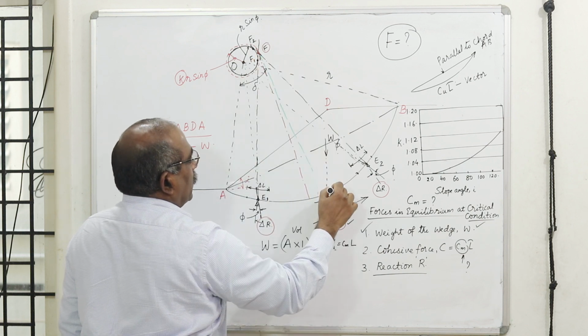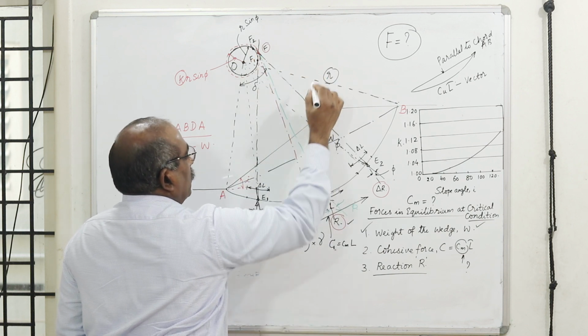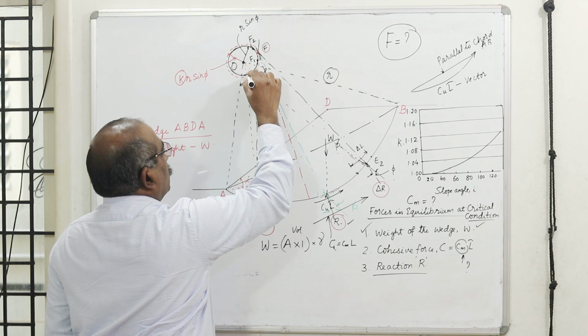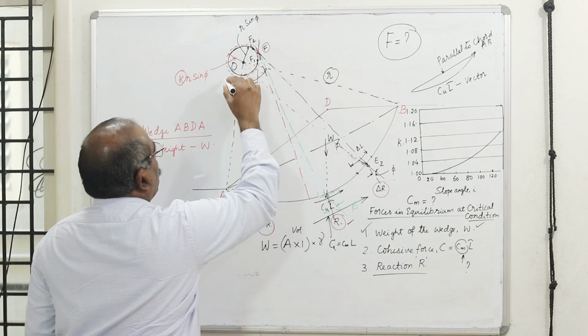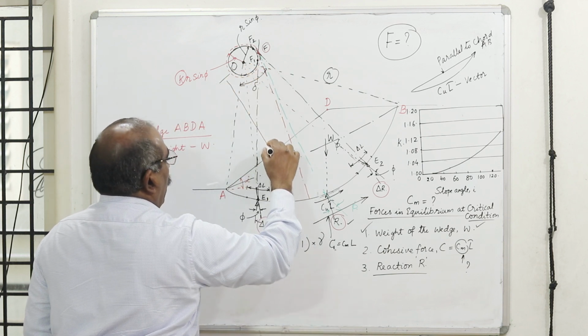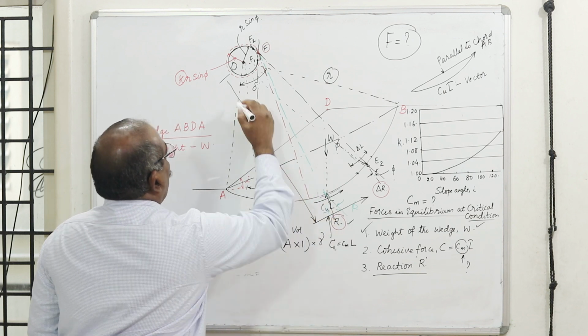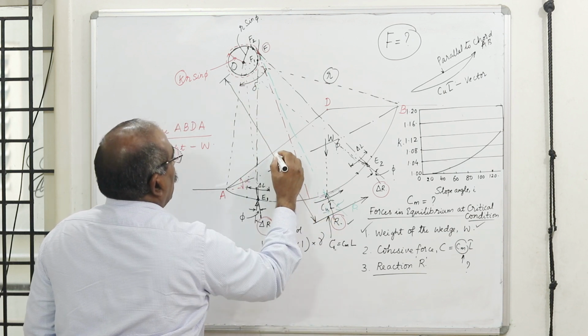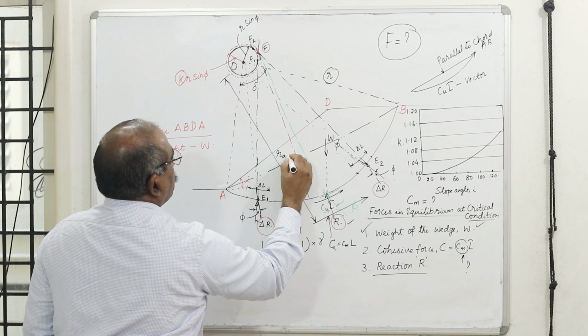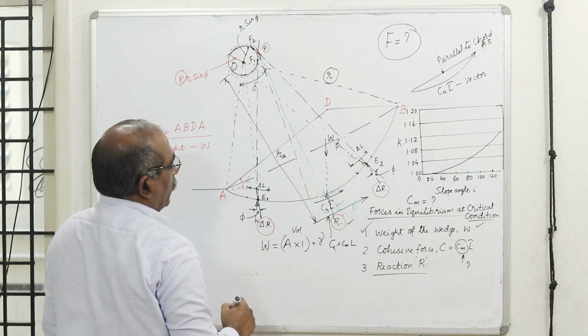This is acting at a radial distance r. Instead of that, I try to find the distance from the center, which I call RA.